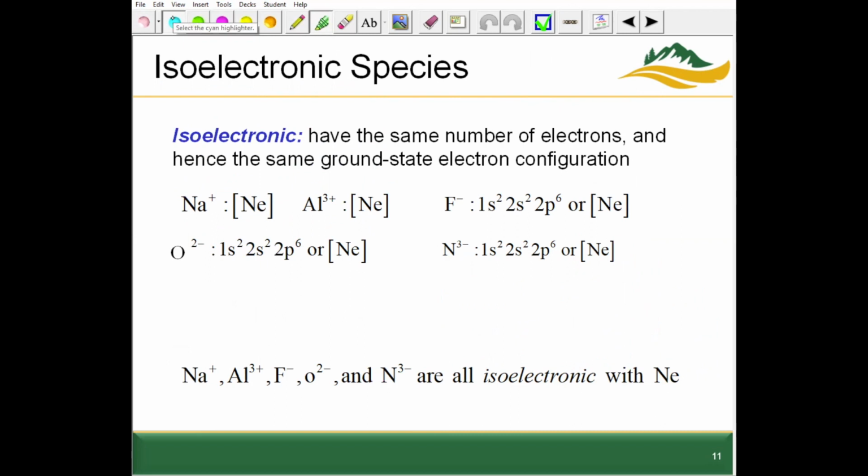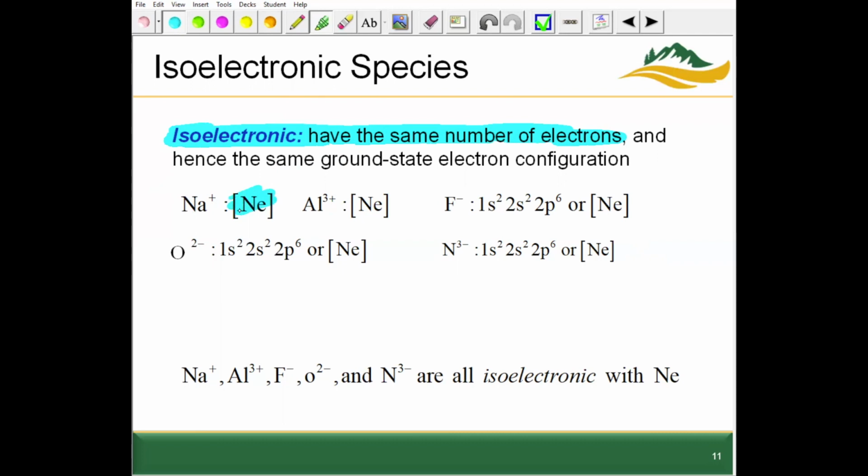So there's a term for this when elements all have the same number of electrons. We call this isoelectronic. For elements to have the same number of electrons, one of them has to either gain or lose, because just the neutral forms of the elements will all have different numbers of protons and electrons. So how's this going to work?